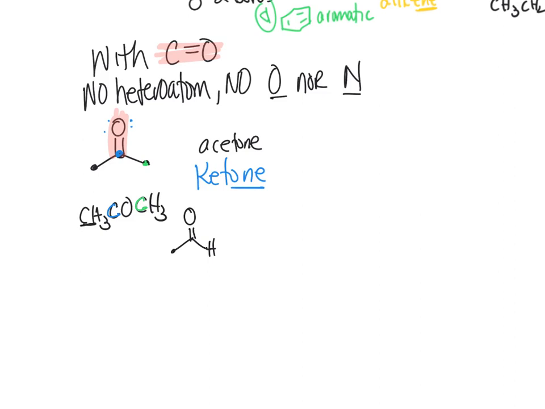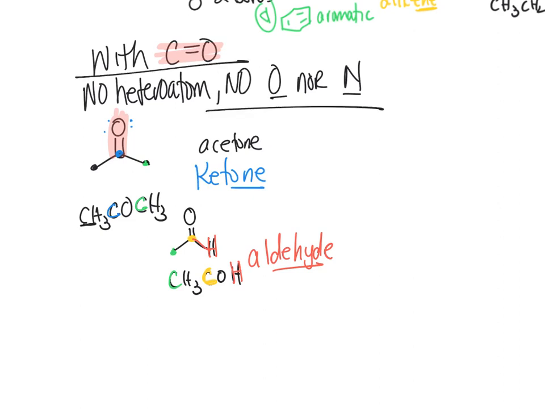But if you have something like CH3, COH, where you have this hydrogen connected to that carbon, this is called an aldehyde. Those are compounds that have a carbonyl but no heteroatom. So that's two groups right there.